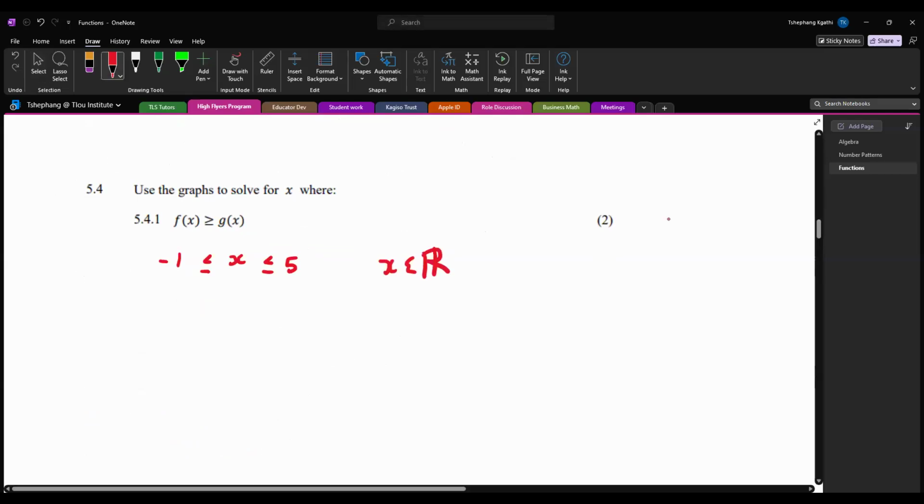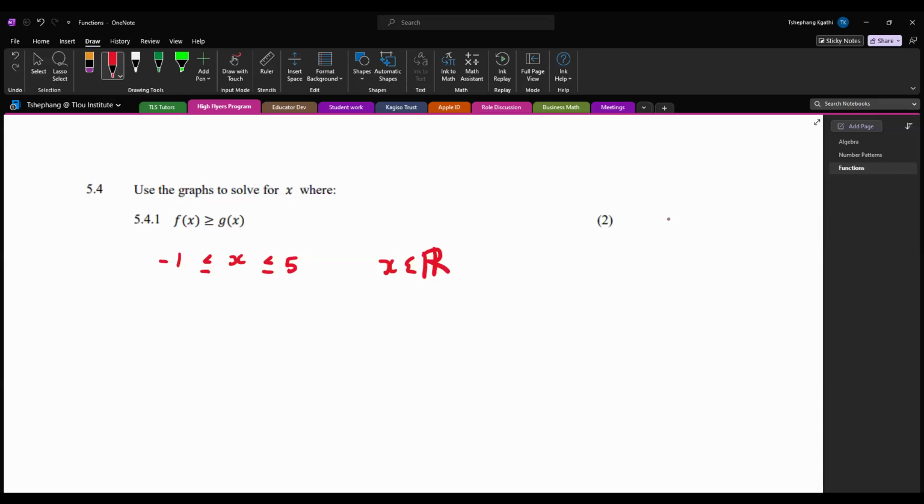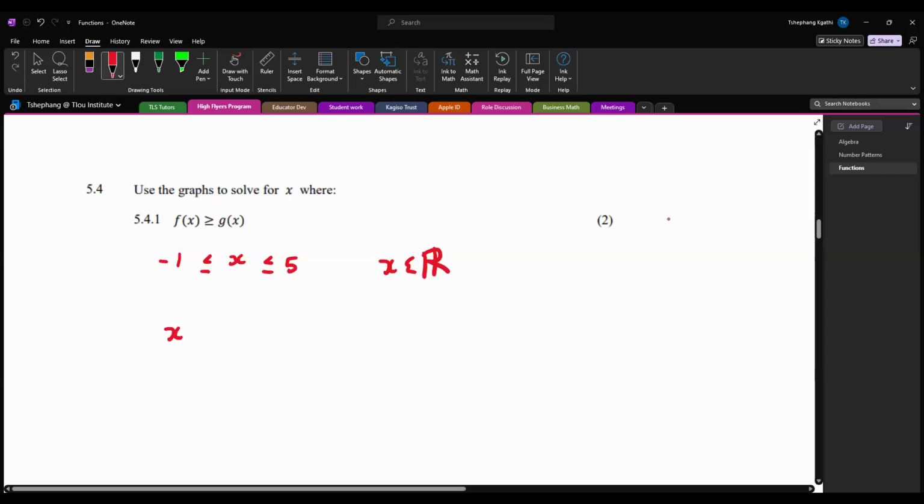For this type of notation, if you're doing set builder notation. If not set builder notation, if you're doing interval notation, then interval notation is implied that it's for real numbers. You don't have to specify it. So for interval notation, it would be X is an element of -1 all the way until 5 inclusive. So either or is fine. 100%, yeah. All right. Thank you, Ernest.